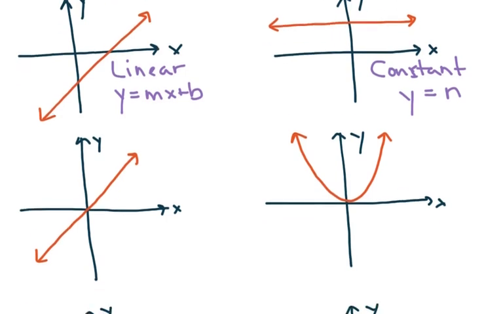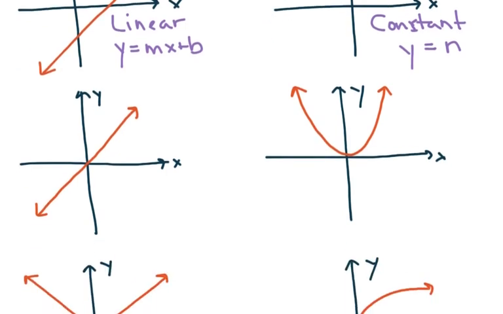Another special case of linear functions, I don't know if we mentioned this the other day, is called the identity function. And it's the linear equation y equals x, specifically y equals 1x.